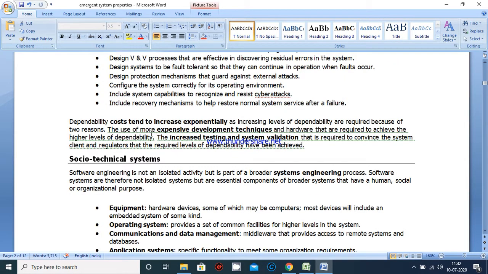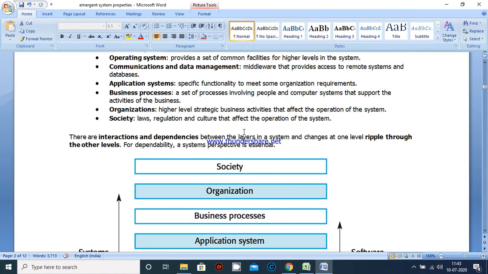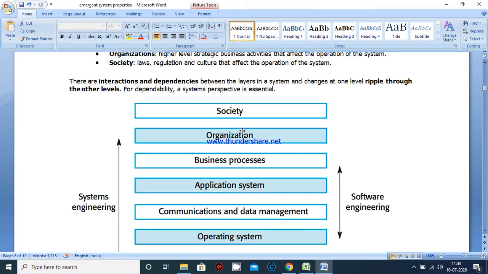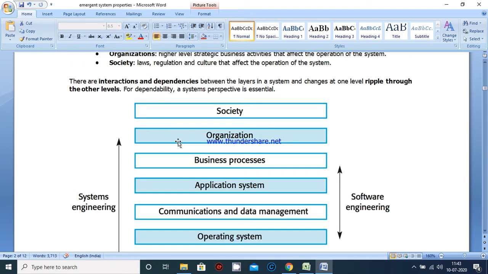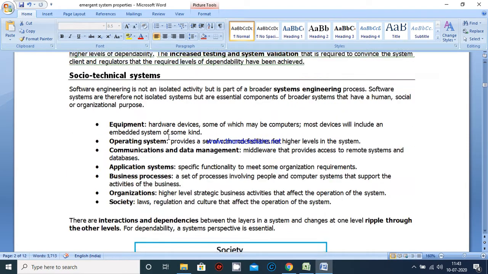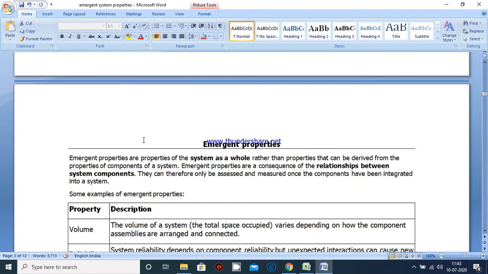After that I discussed socio-technical systems like equipment, operating system, communication and data management channels, application systems, business processes, organizations, society, and here I show how system engineering and software engineering incorporate for developing socio-technical systems for the society.